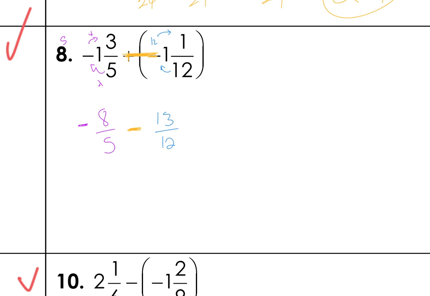The least common multiple here, let's see, 5, 10, 15, 20, 25, 30. And then over here, 12, 24, 36, 48, 60. So yeah, we will run into one, and this is one I kind of knew what was going to happen.